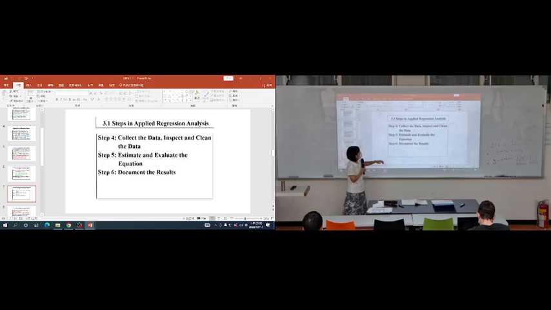So we have 6 steps, but the first 4 are all preparations before we really estimate. After you have all of this, then you really get to the computer, estimate, then say something about your output.